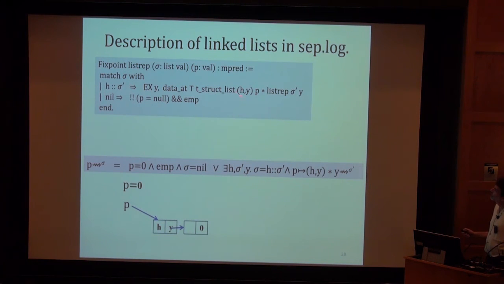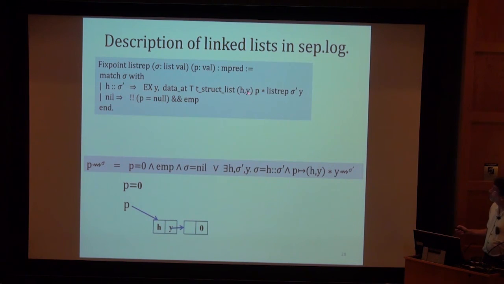Now we can say what are the contents, the values represented by this data structure, and the fields are filled with H and Y. Notice that the type of this tuple depends on the value of this argument, T struct list. T struct list is a description of a C data type. So that's just a value. It's a value of type C language type.